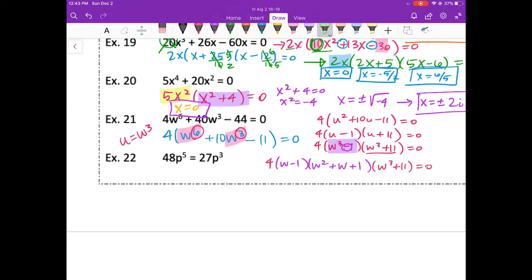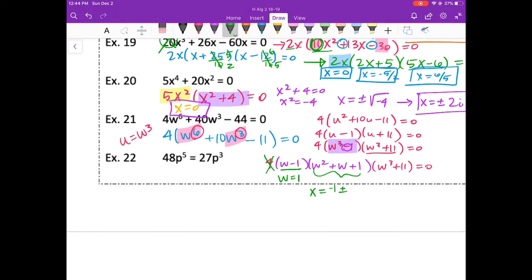And setting all these guys separately equal to 0. We don't care about that 4 because it was not included with a variable. So just 4, nothing special. So that guy, we get 1. That's fun. This guy, like I said, we'll never be able to factor, but we can solve using the quadratic formula.